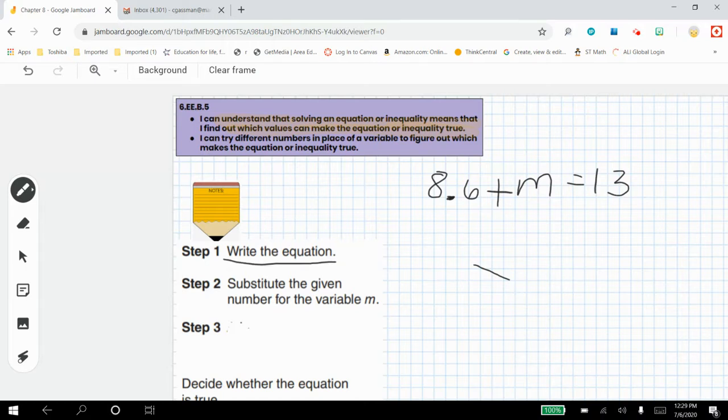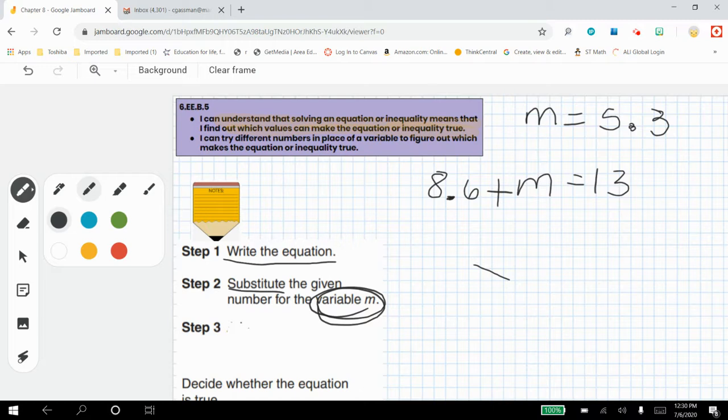Second, we substitute the given number for the variable m. I'm going to use substitution to see whether or not this is true. So what if I said m is equal to 5.3? Let's just decide.